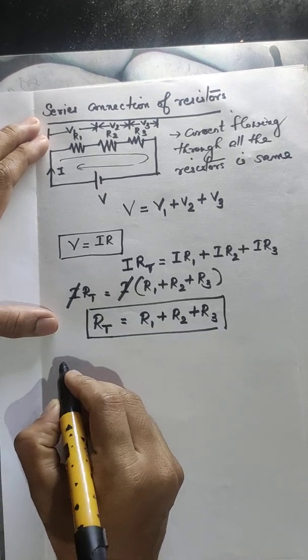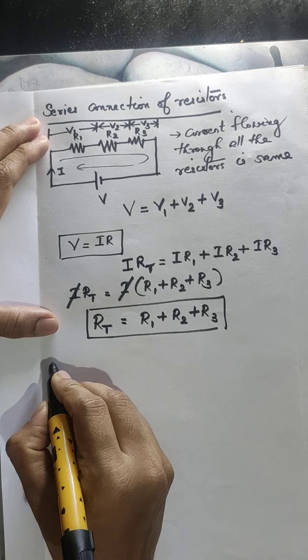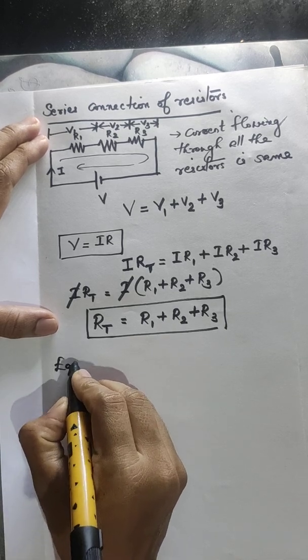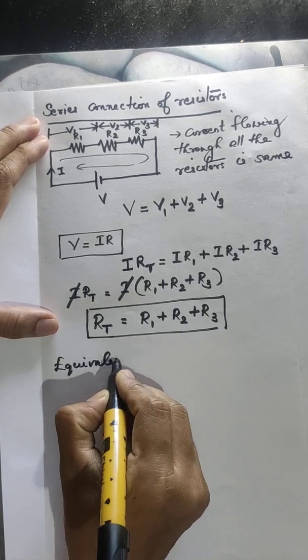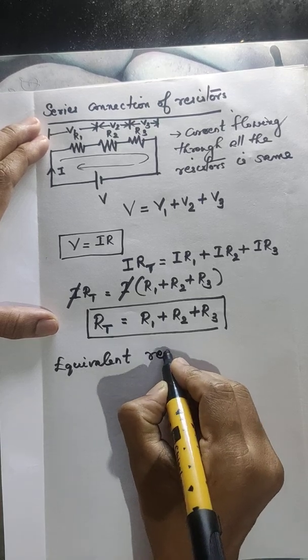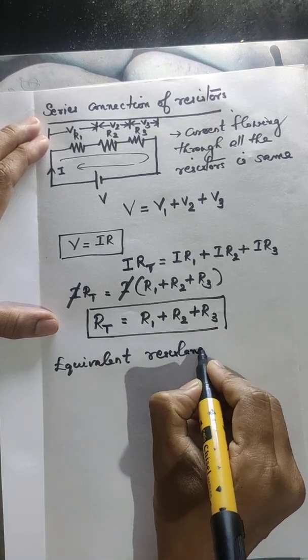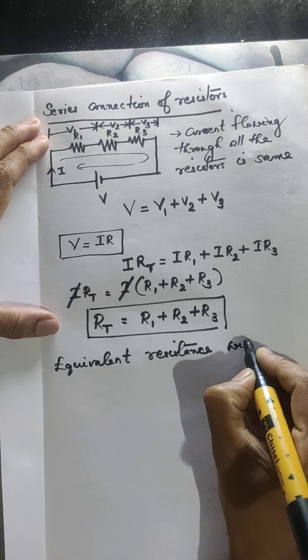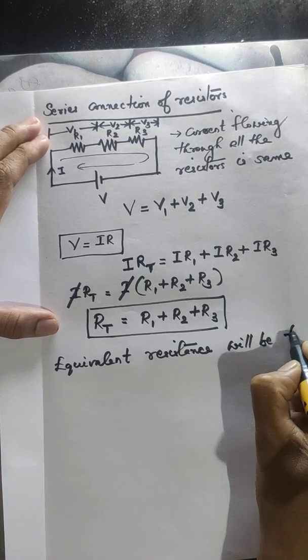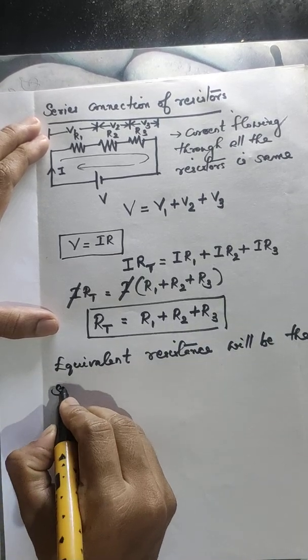That is, in a series resistive circuit, the equivalent resistance will be the sum of individual resistances.